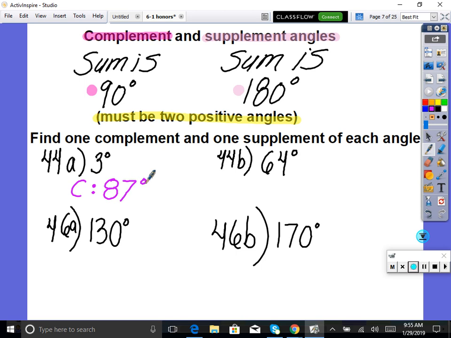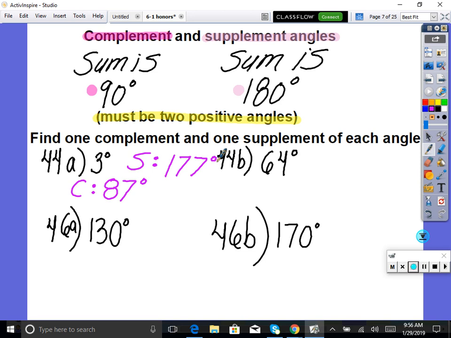Therefore, my complementary angle is 87 degrees. Pretty straightforward stuff. These two are complementary angles. Now supplement, the supplement would be 3 plus what equals 180? 177, right? That would be our supplementary angle.